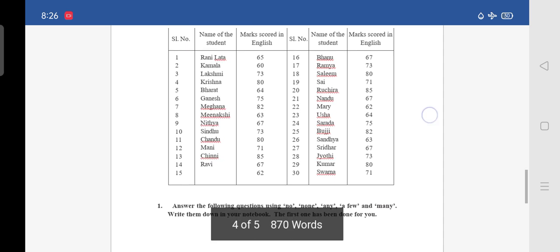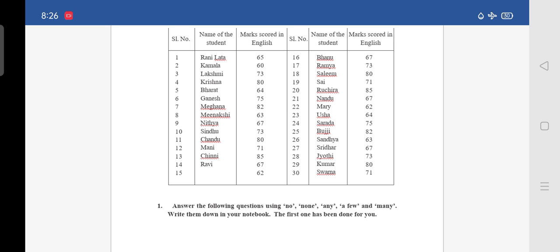So these are the marks secured by 10th class students in English subject.